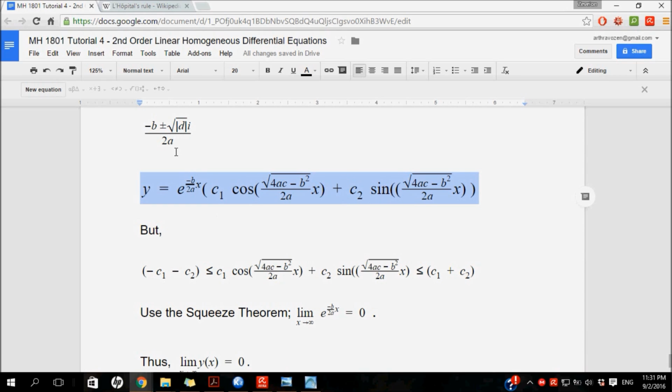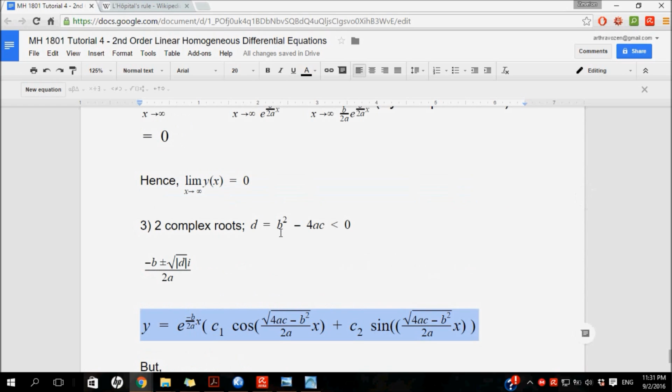We are having the absolute value of d, but d is given in this form, it is negative. Therefore, what we should have on the inside must be 4ac minus b squared divided by 2a. Of course, we have to take the square root of 4ac minus b squared.